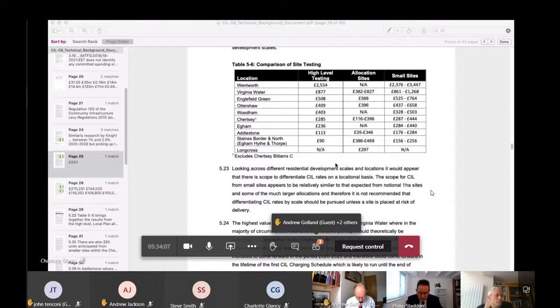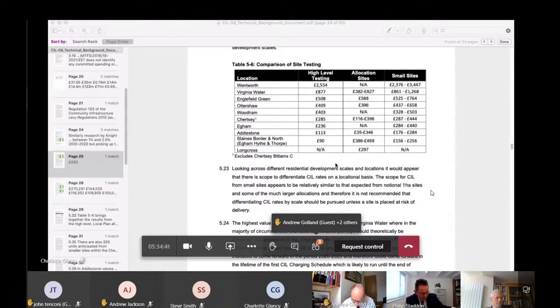And then with Longcross, you've taken the view that this is a strategic site where infrastructure matters are to be dealt with through the Section 106 route. Now, I appreciate there are different views on whether that's right, but that's the council position. Am I correct so far? Yep, that's correct.